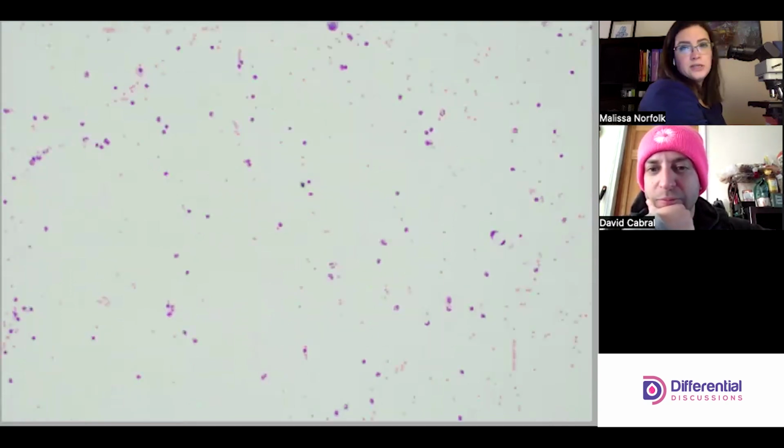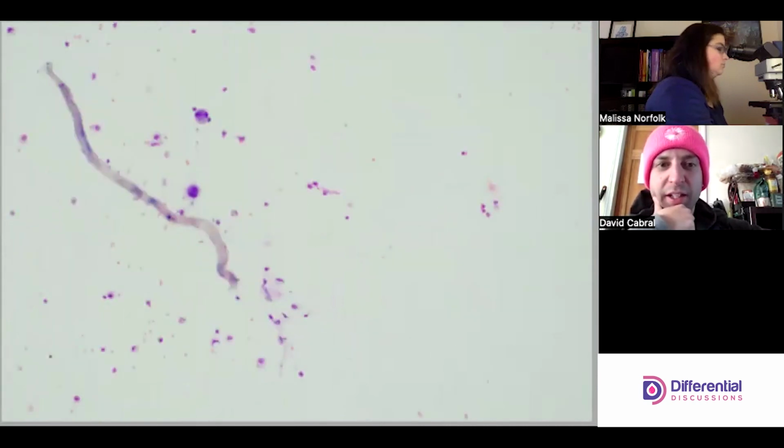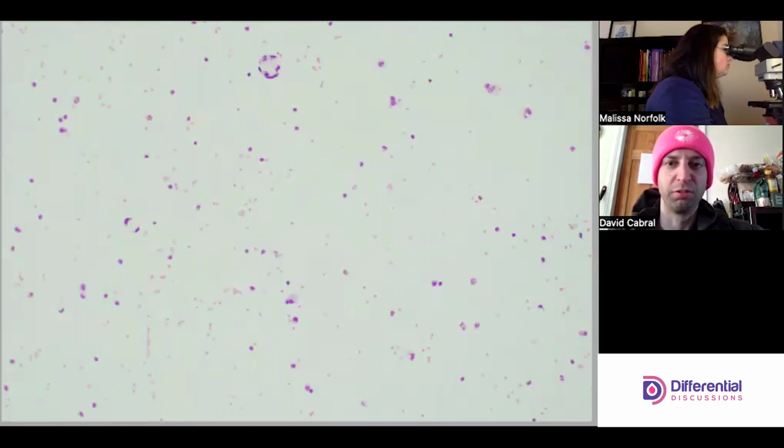The good news is I don't see anything that's really big and ugly yet. Big, ugly clumps, right? Nothing like that. Those are the scarier things that we might look for in a pleural fluid.